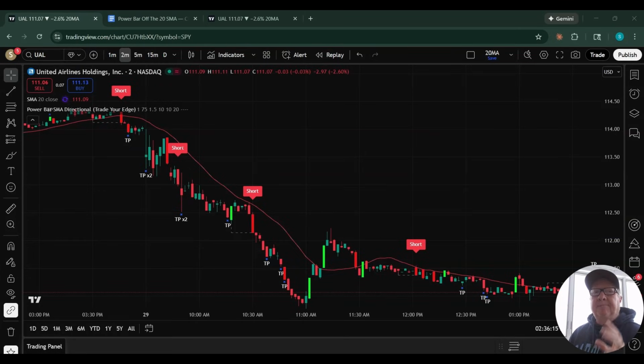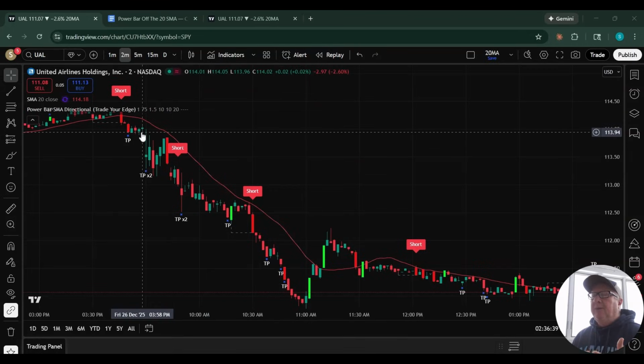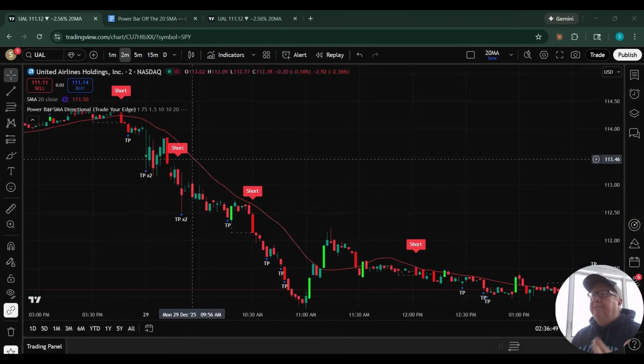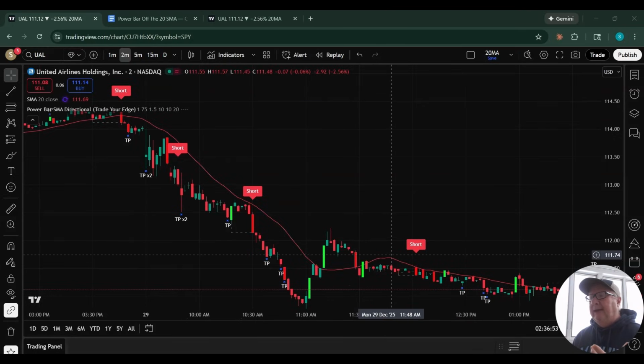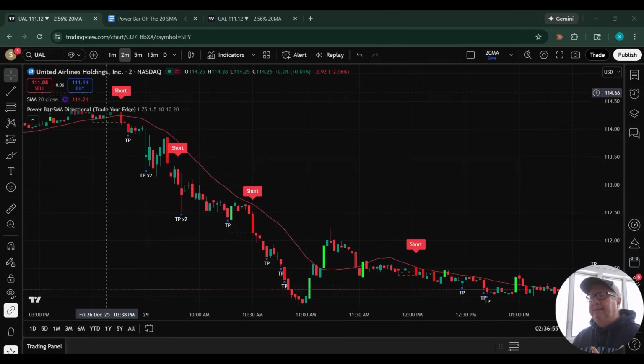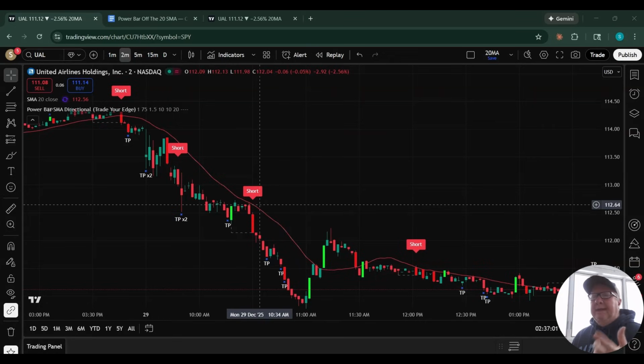It's literally the market validating the move that's taking place as you're watching the chart. Because the power bar setup is literally showing you buyers or sellers. And as you can see again on the UAL chart, this is mostly selling that's taking place today in this stock, in real time as it's happening, right?